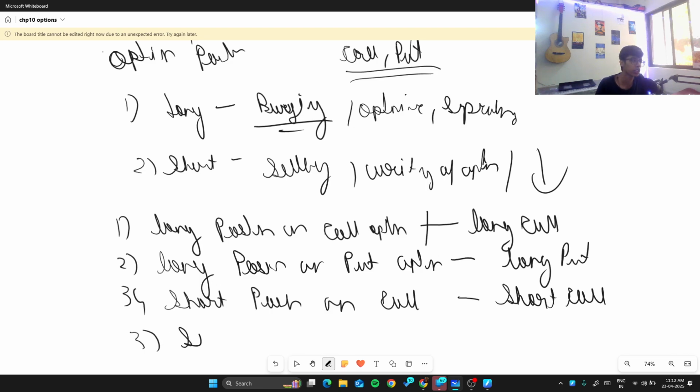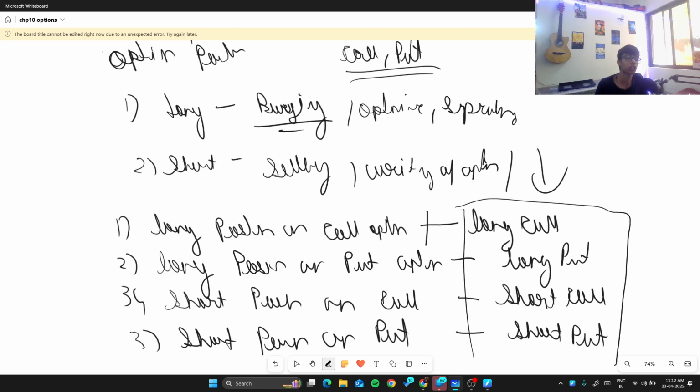And a short position on a put option is called a short put. So this is the simple thing.